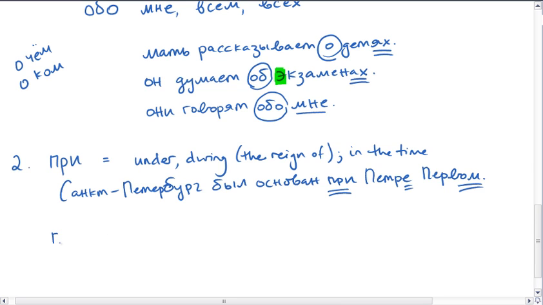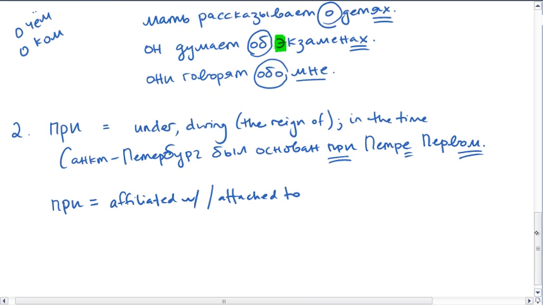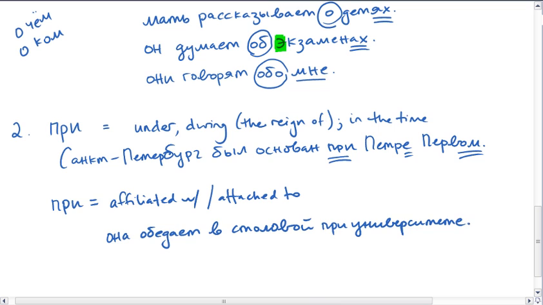Or при, when it means affiliated with or attached to something. So we can say, you know, if there's a cafeteria affiliated with the university, we're going to use this при. So она обедает в столовой при университете.